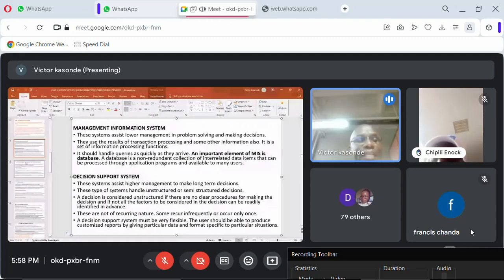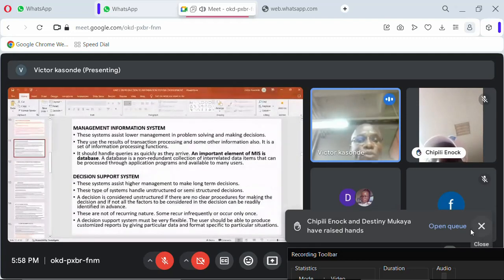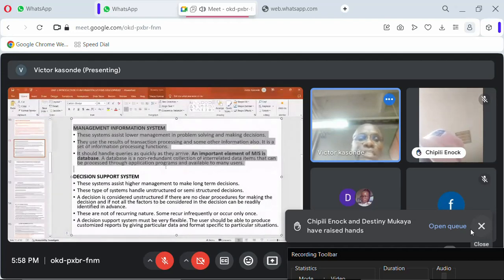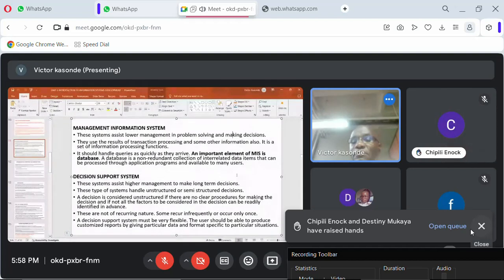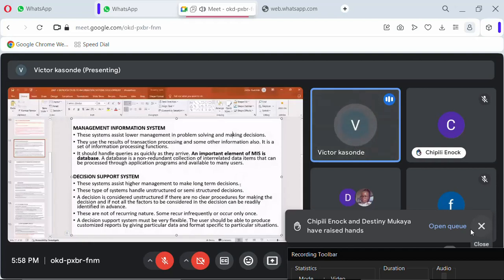What they are saying here is, after getting the information, the decision support system gets information from the management information system, which they got from the TPS transactions. So these people make what we call long-term decisions, whereby they even pronounce that in the next 5 years they are projecting to make so much expansion.